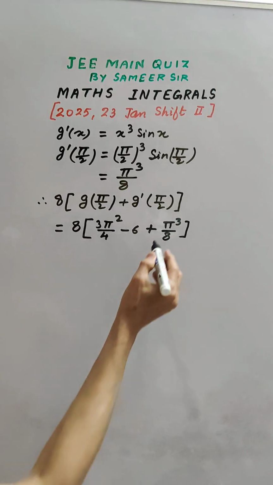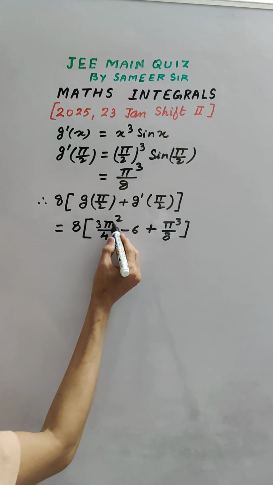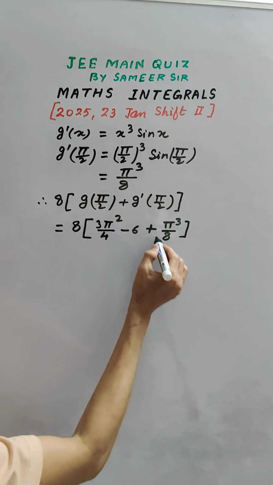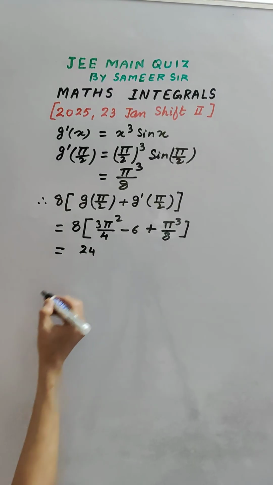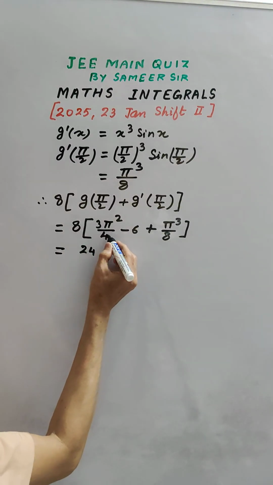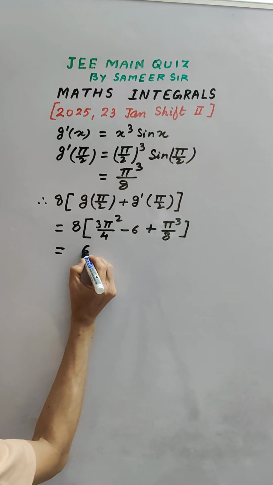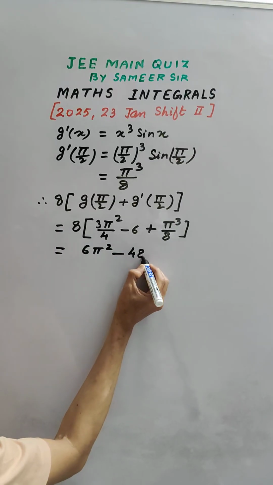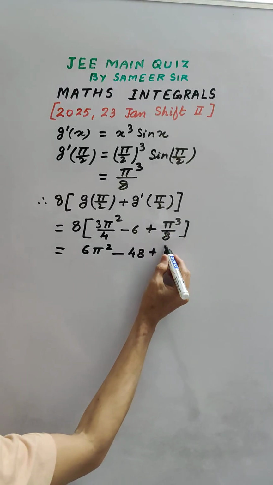Now multiplying with 8, 8 3s are 24, and if we reduce it by 4, 4 2s are 8, 2 3s are 6, 6 pi square minus 8 6 are 48, plus 8 into pi cube upon 8 is equal to pi cube.